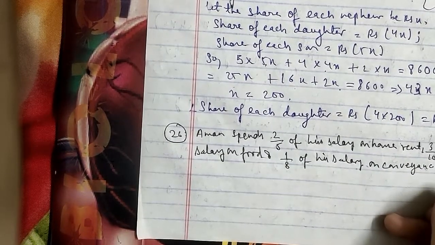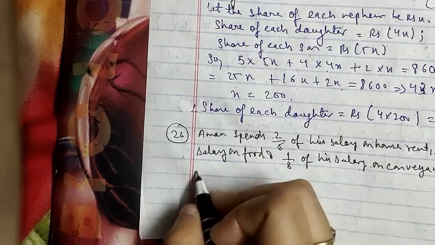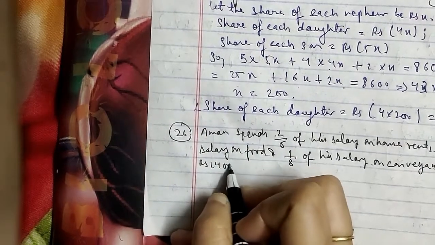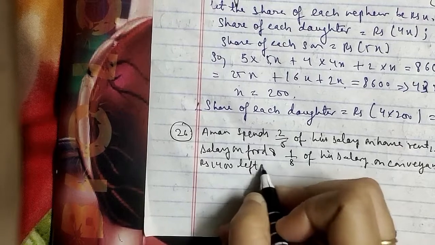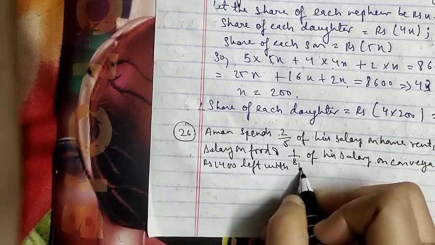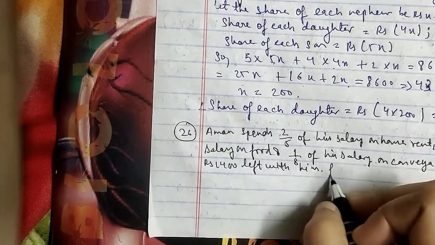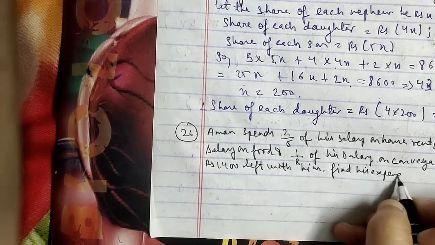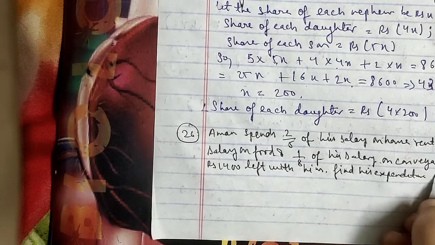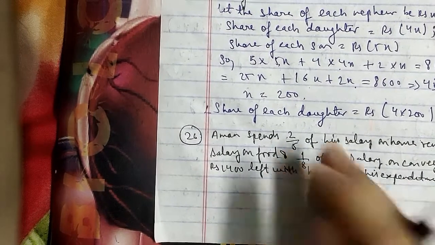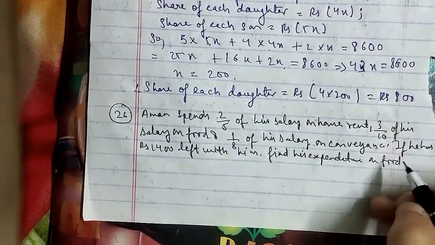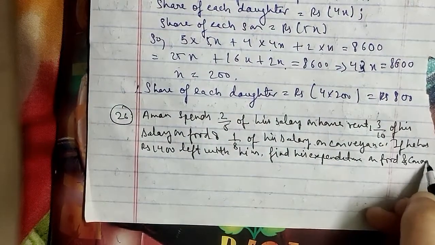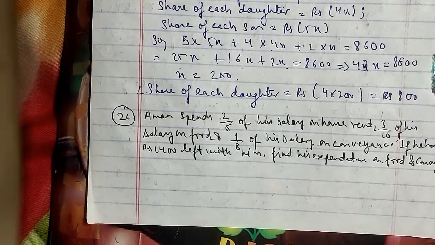If he has rupees 1400 left with him, find his expenditure on food and conveyance. So that we'll talk about it.